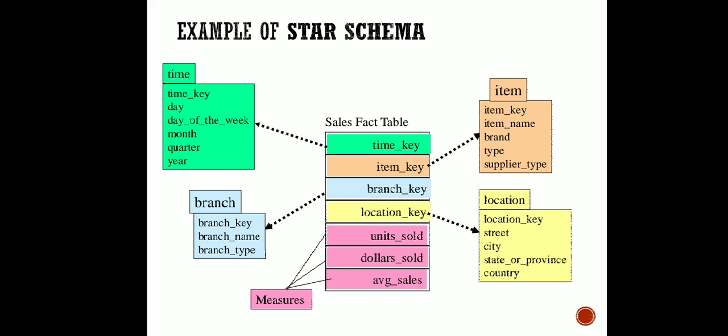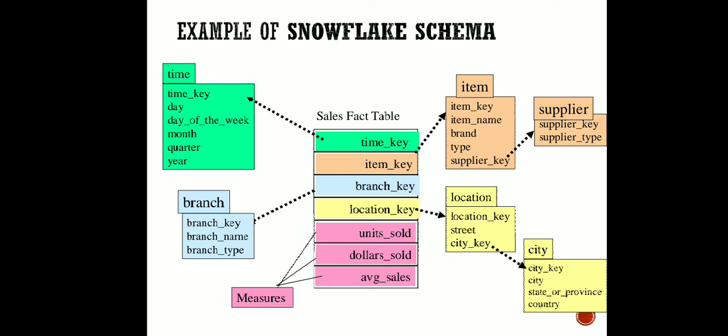Now again if we visit the snowflake schema, it is again having one fact table and any number of dimension tables, but here the dimension tables have been further subdivided into some sub dimension tables, we can say, right?